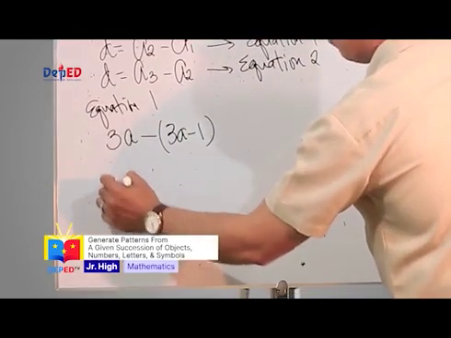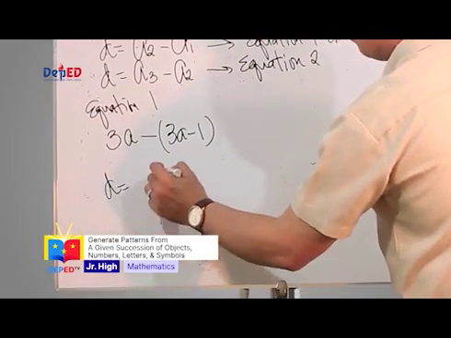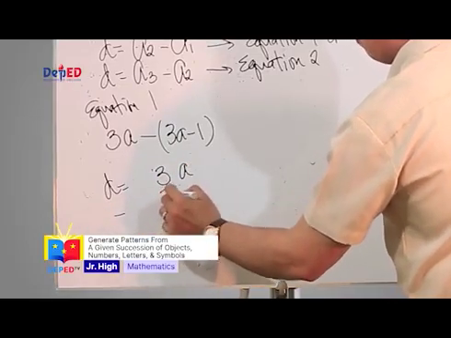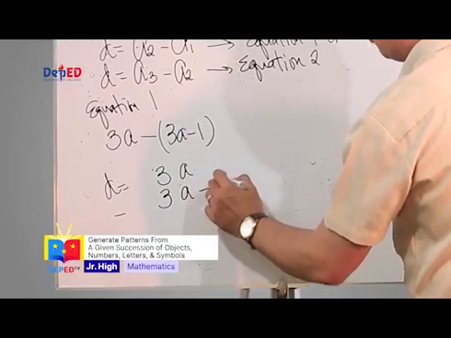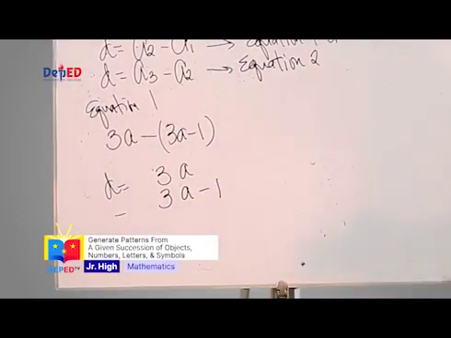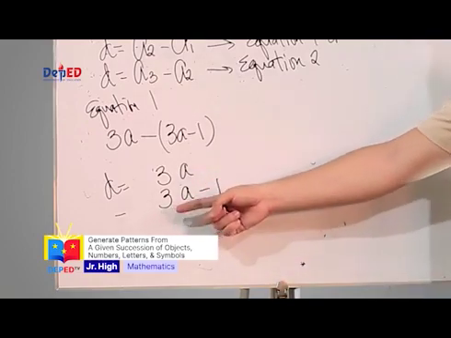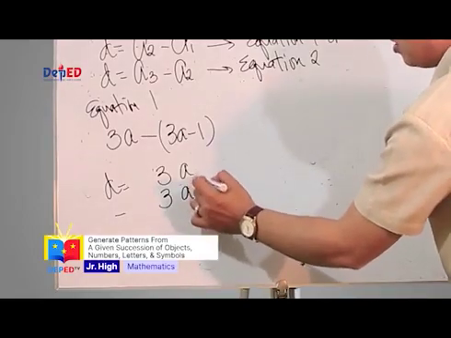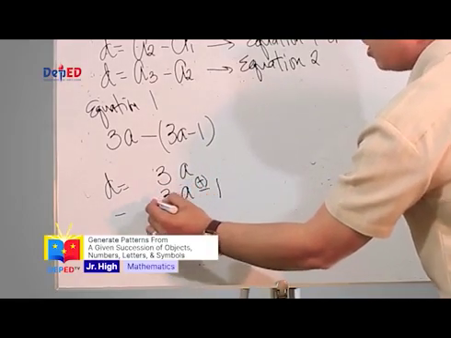You have d is equal to 3a minus 3a minus 1. Remember, when we subtract these two terms, we're going to change the sign of the subtrahend to its opposite, which will become positive. This will become negative.